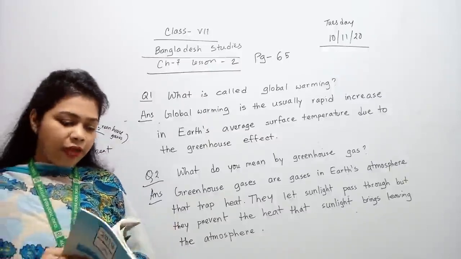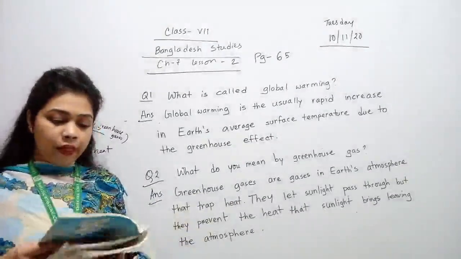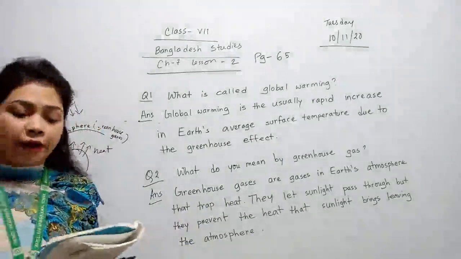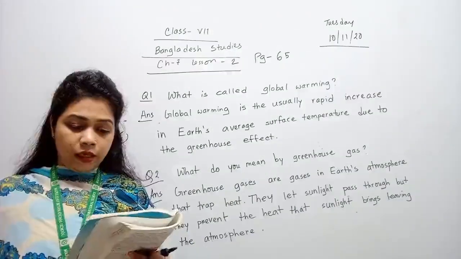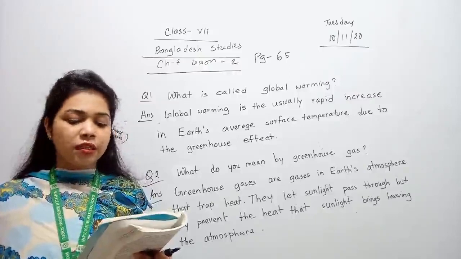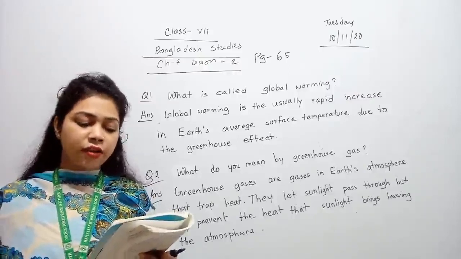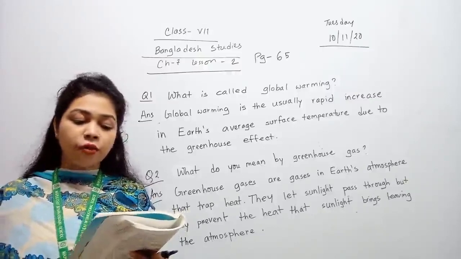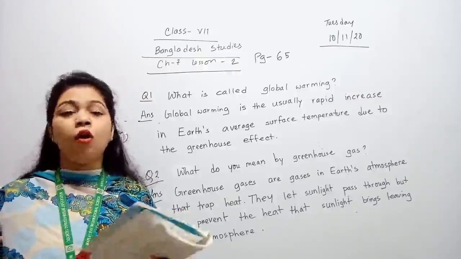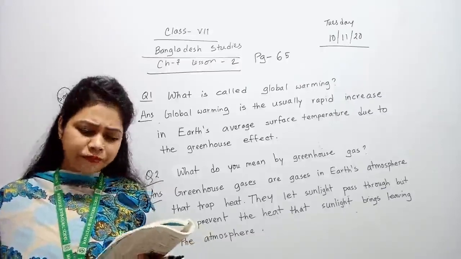In our page number 65, I have also explained in the first paragraph that the increased presence of these gases, what are the gases? Like carbon dioxide, methane, nitrous oxide, and chlorofluorocarbons, etc. There are many kinds of gases also present, but the main composition is carbon dioxide.